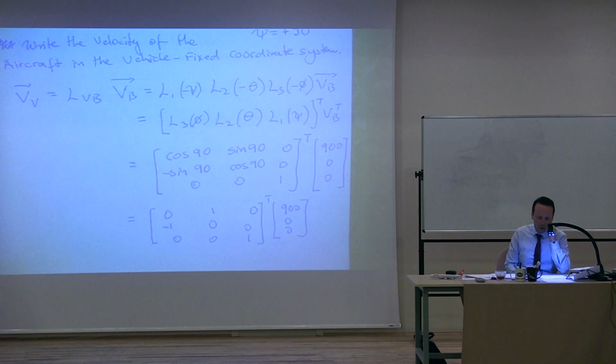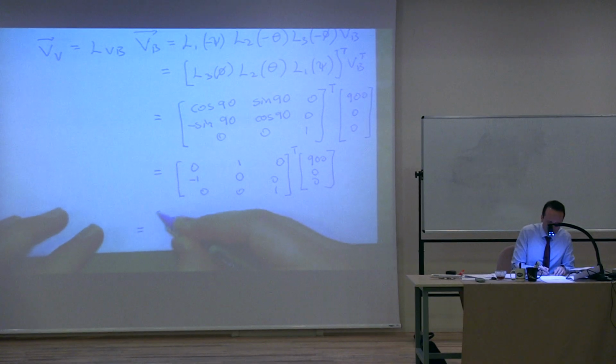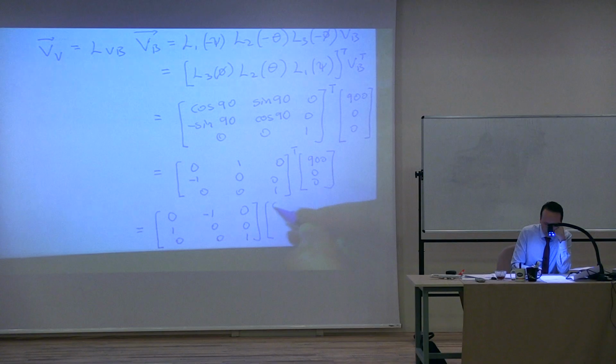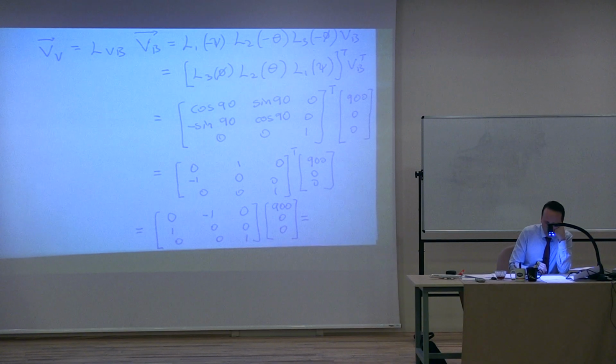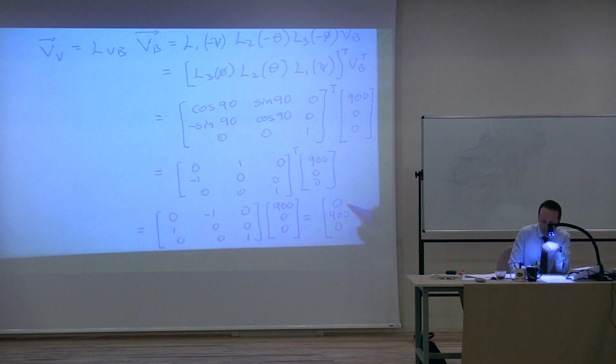Now you need to take the transpose of this. Okay, take the transpose. 0, minus 1, 0, 1, 0, 0, 0, 0, 1. So what do you get?